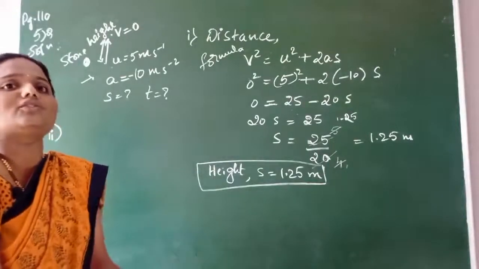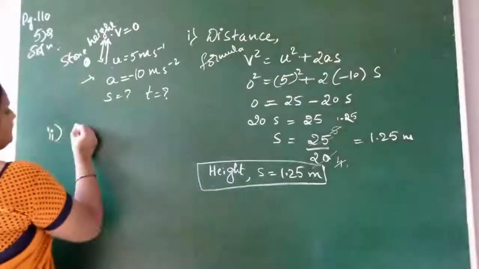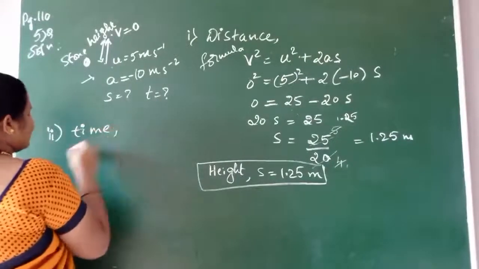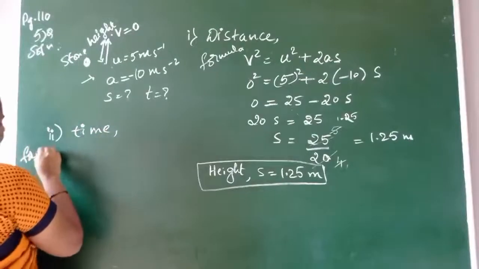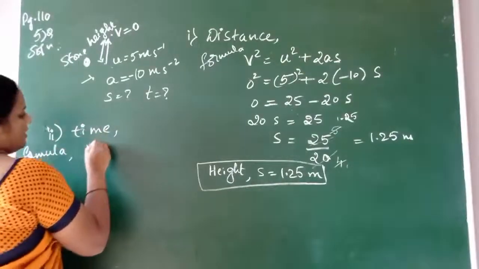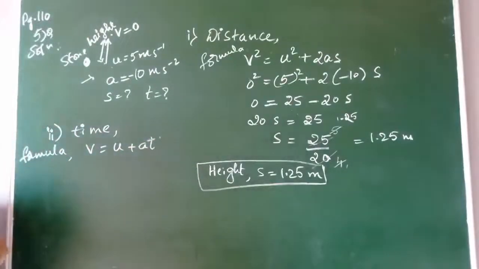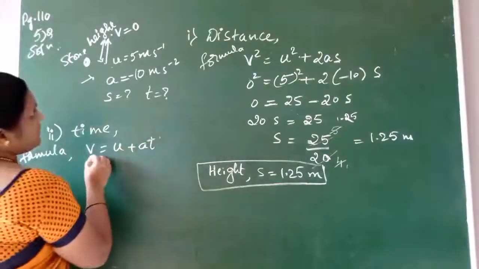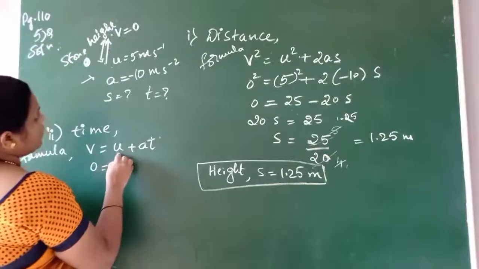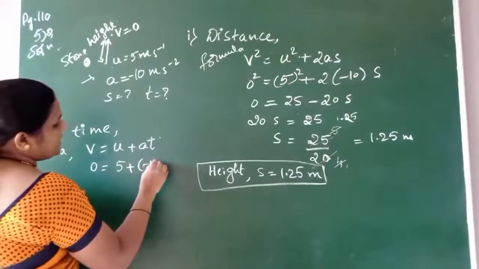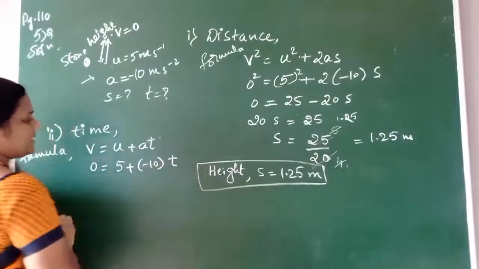Simple. V is equal to U plus AT. To calculate time, let us use the formula V is equal to U plus AT. Isn't it, children? So, what is the V value? 0. U value 5 plus, what is the A value? Minus 10 T as it is.